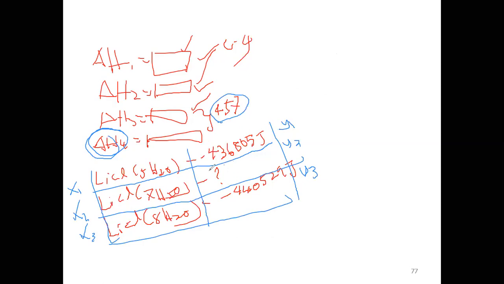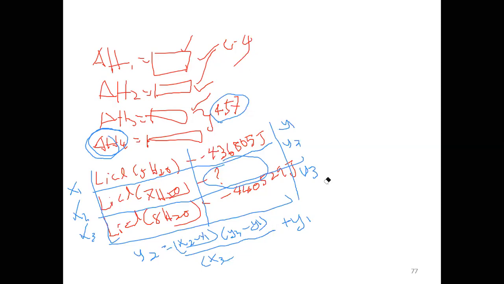So y2 equals x2 minus x1, times y3 minus y1 divided by x3 minus x1, plus y1.